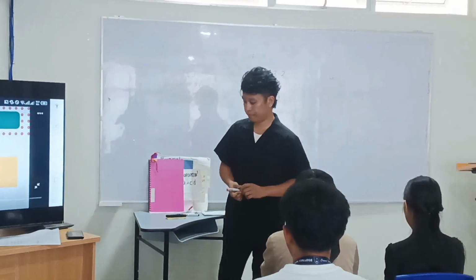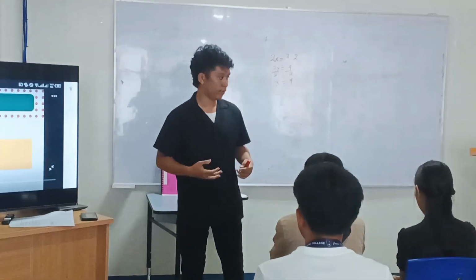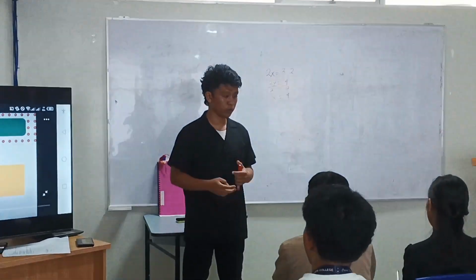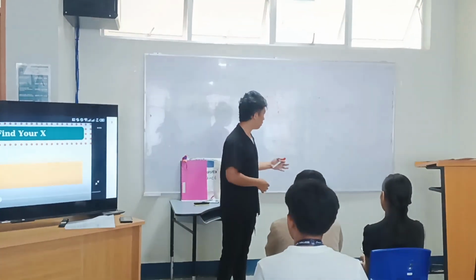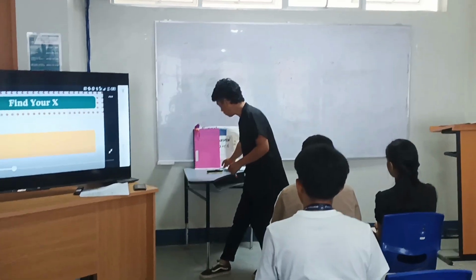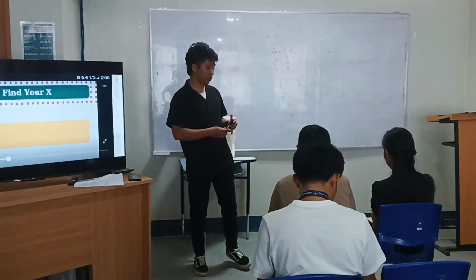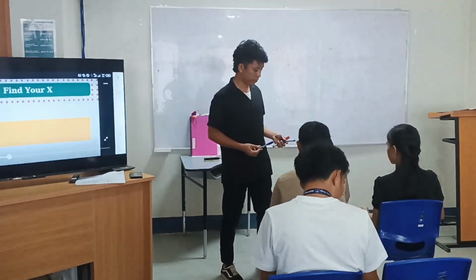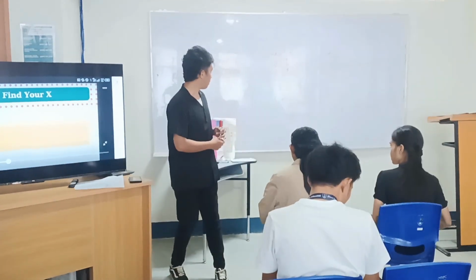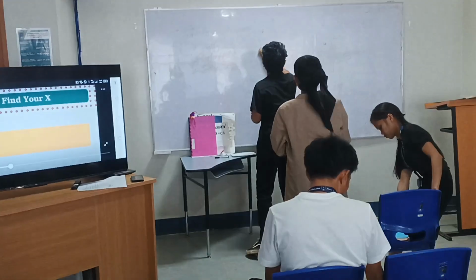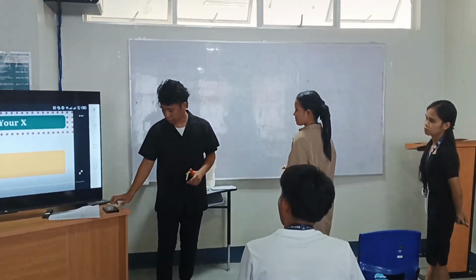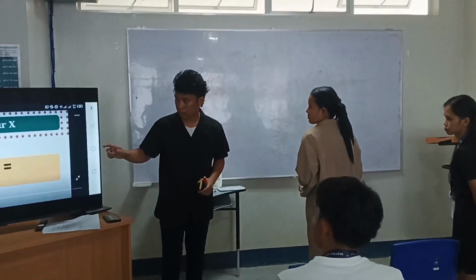So I will have 2 volunteers for this activity. Who wants to be a volunteer for this activity? I think Charlie and Angelica want to be volunteers. So here's a marker. Answer in front. The incomplete solution is this one.